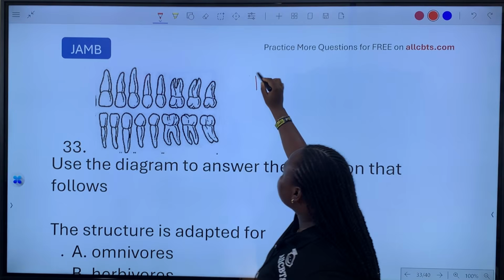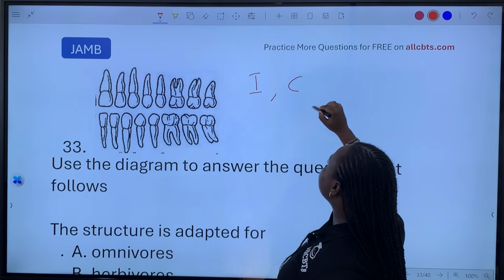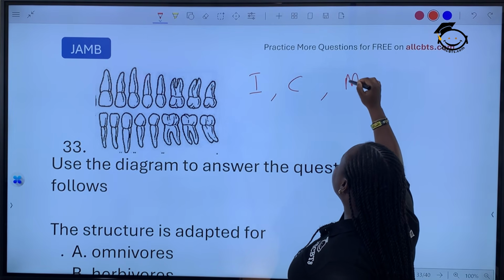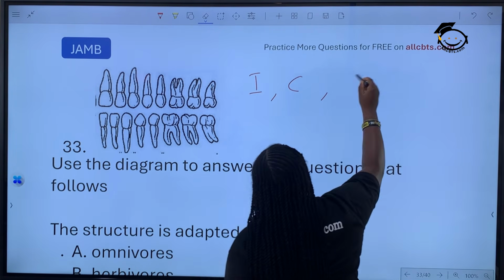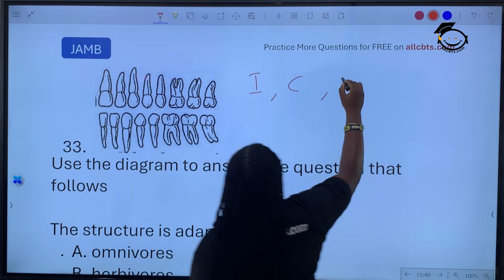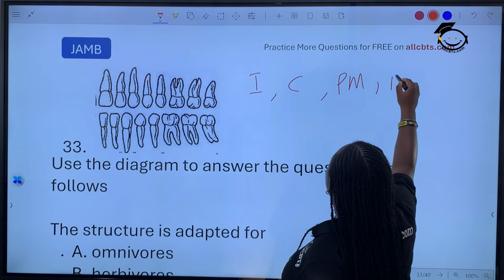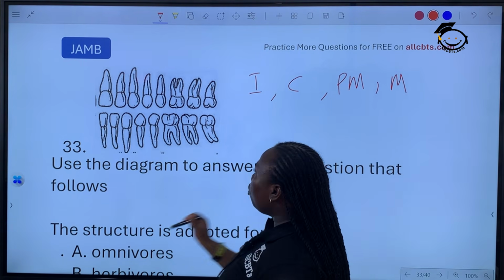Incisors, we have the canines, we have the premolars, and we have the molars. Now, omnivore.